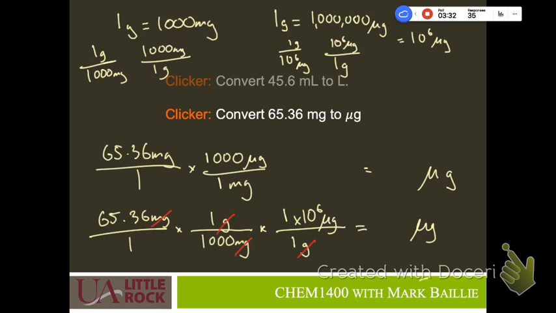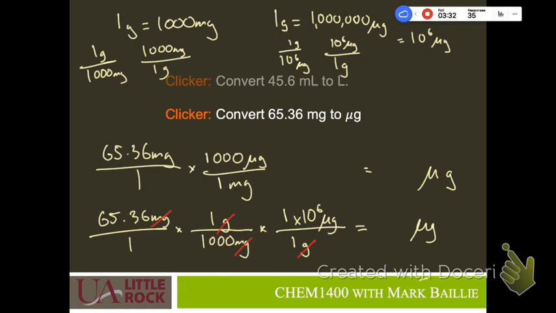How would you do the math? So this is 10 to the 3rd. 1,000 is 10 to the 3rd. Okay. 10 to the 6th. So if we have 10 to the 6th over 10 to the 3rd, what does that cancel out to? 10 to the 3rd on top, nothing on the bottom.